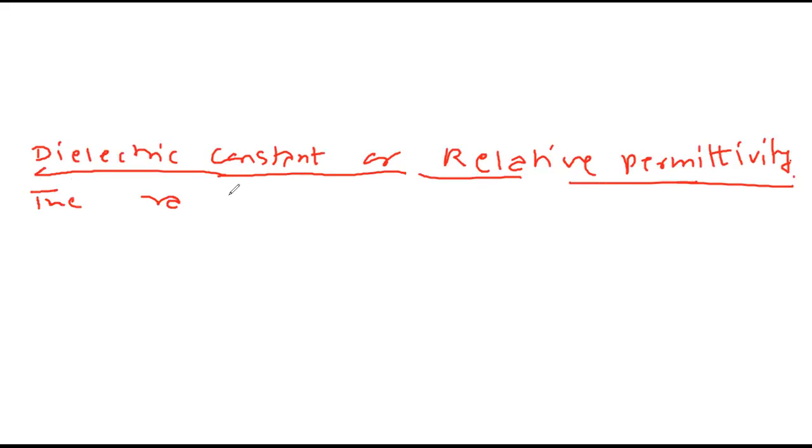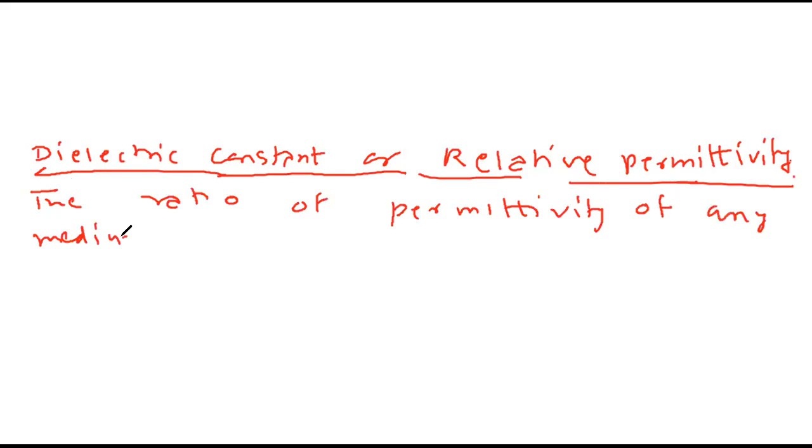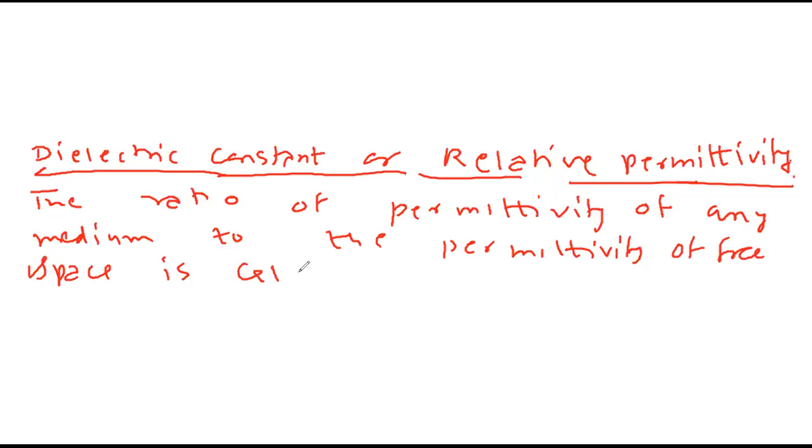So the ratio of permittivity of any medium to the permittivity of free space is called as dielectric constant.